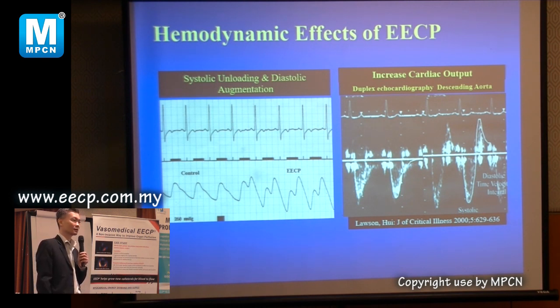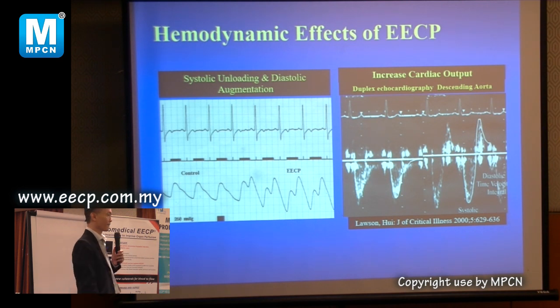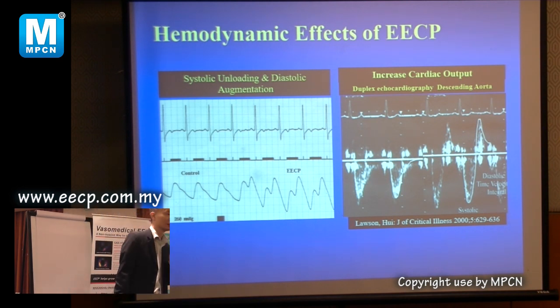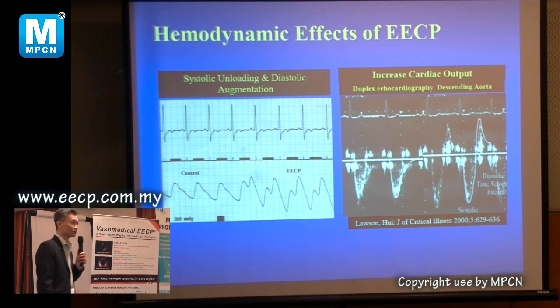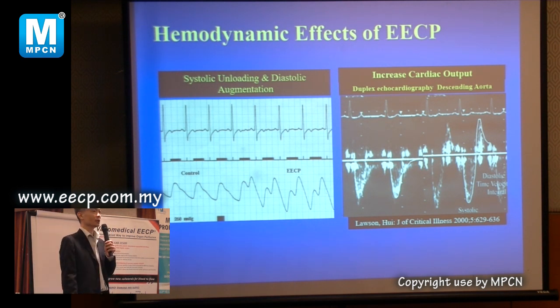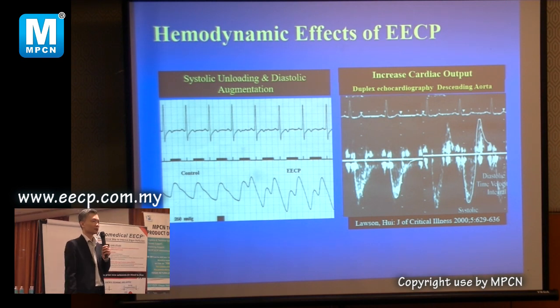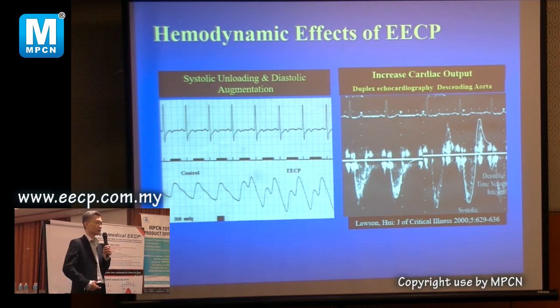Okay, anything else? After stenting or balloon, can we straight away do EECP? After stenting, if it's an uncomplicated one, they have a wound, either from the hand or from the leg. From the hand, it should be quite safe.